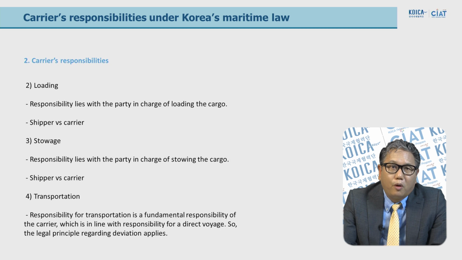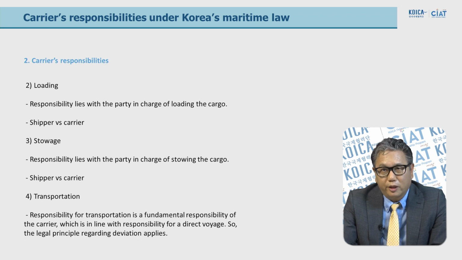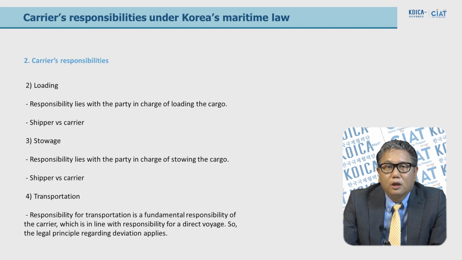Number 4 is about the transportation. Responsibility for transportation is a fundamental responsibility of the carrier, which is in line with the responsibility for deviation. So that is the legal principle regarding deviation cases and the price.